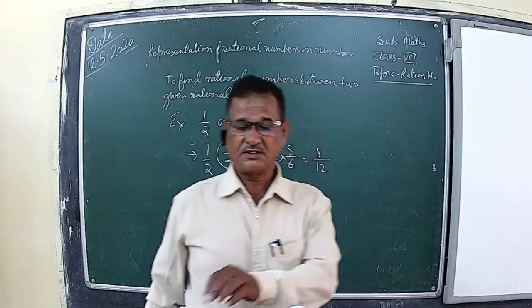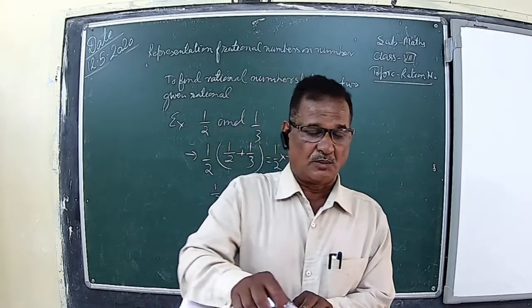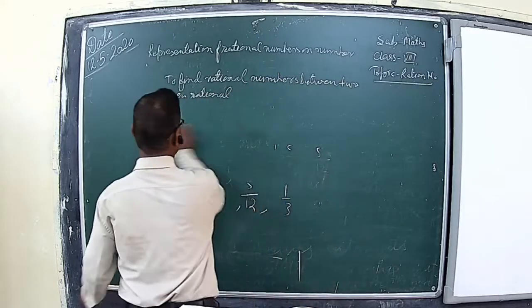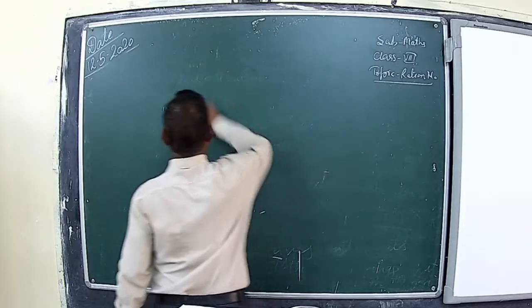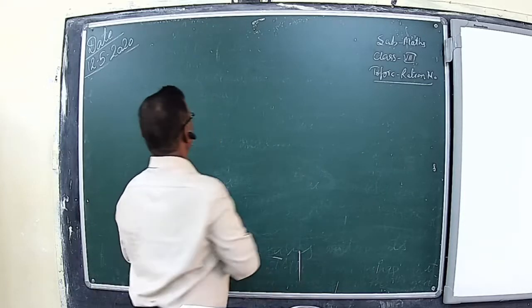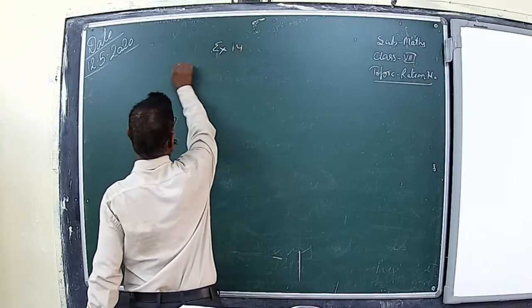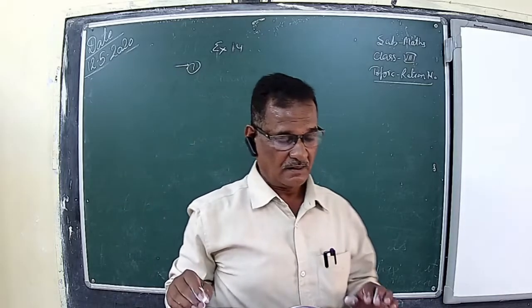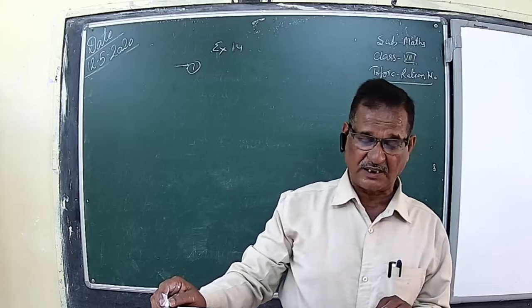Now watch, you are able to see Exercise 4.1. First question given: represent the following rational numbers on the number line.